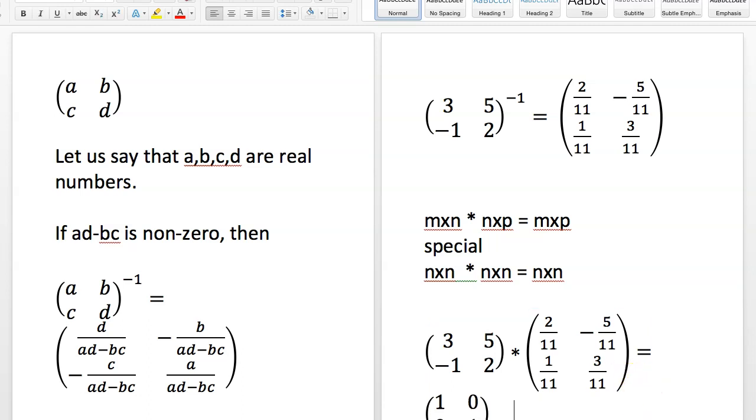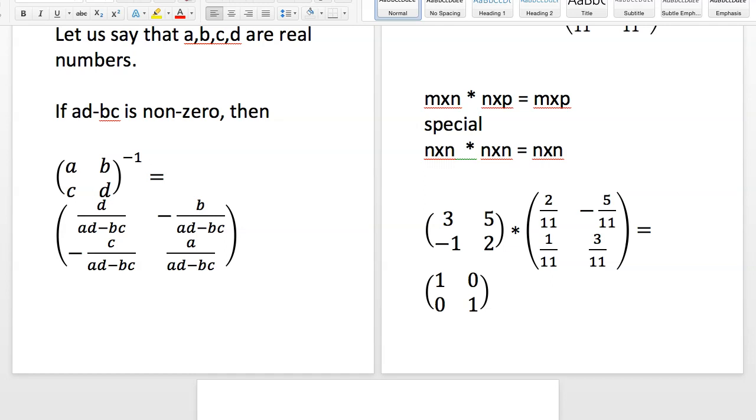Guys, there I go. Okay, inverses multiply to 1. And we can identify this: this is the identity. If you multiply any 2 by 2 matrix by 1, 0, 0, 1, you will just get that matrix back.